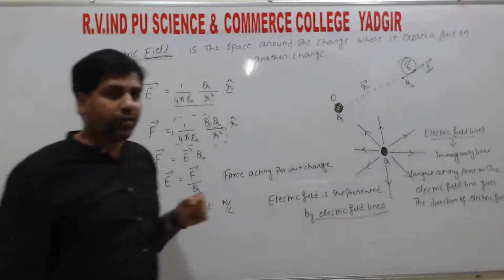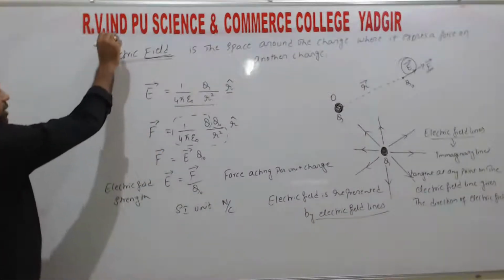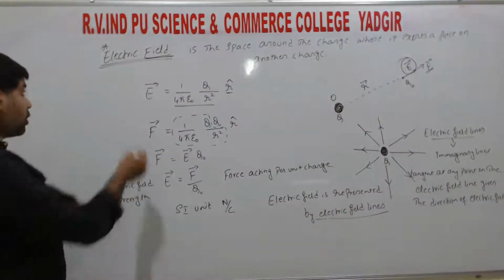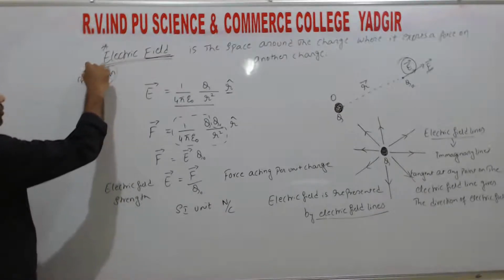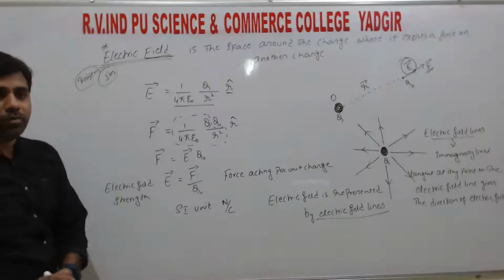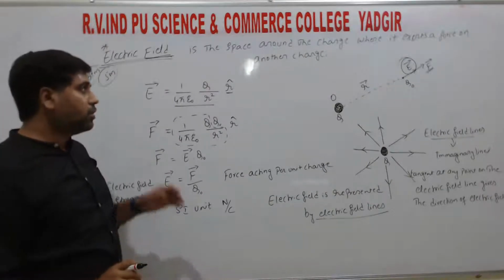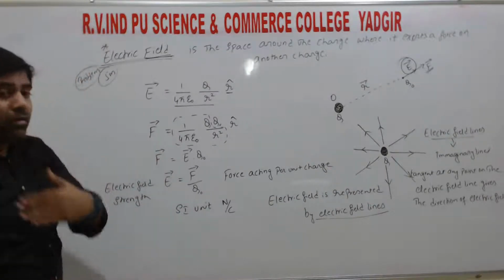This concept is very important, because from this topic we get the problems. This year also they asked problems on this topic, right? So we need to understand electric field.